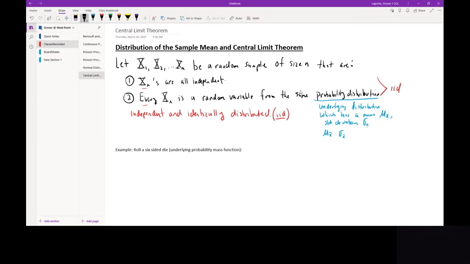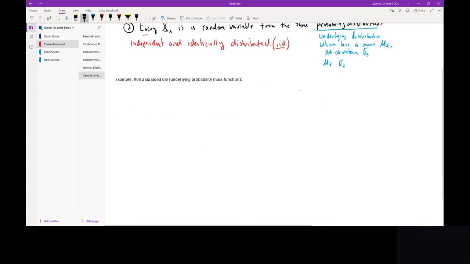All right, so let's go down to our example here. All we're talking about in the example is we're going to roll a 6-sided die. That's going to be our underlying distribution, and we'll let X be distributed as follows.